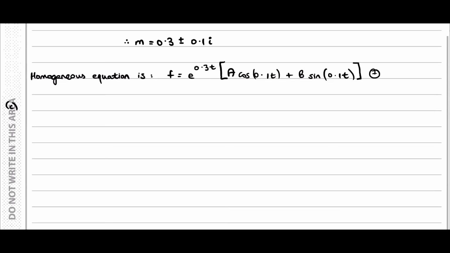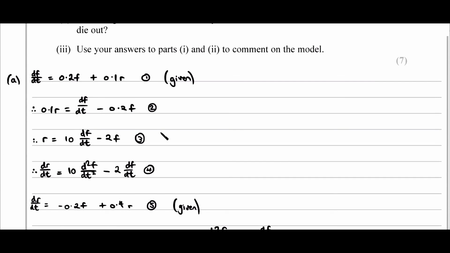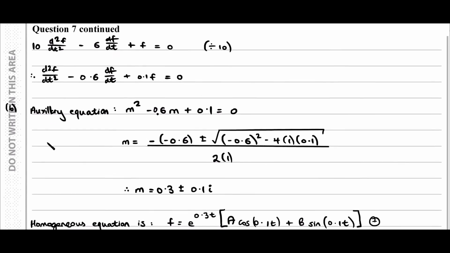To do this question, it's the best way of explaining it. r is given by 10 df over dt minus 2f. We know what f is, but we don't know what df over dt is. So if we find df over dt and then substitute back into equation 3, we can therefore find a general solution for the rabbits. So this is equation 7.